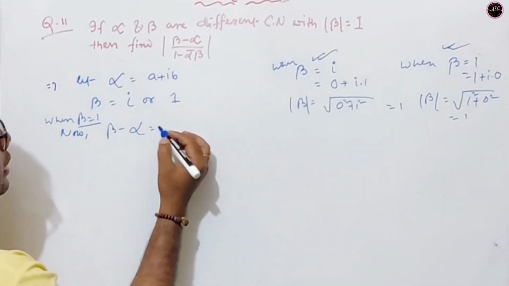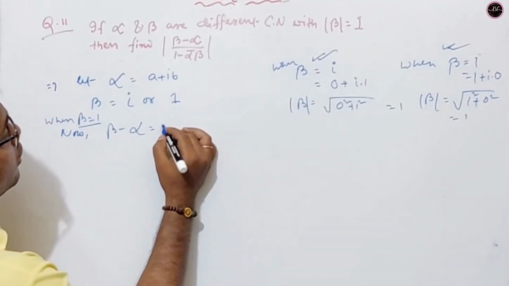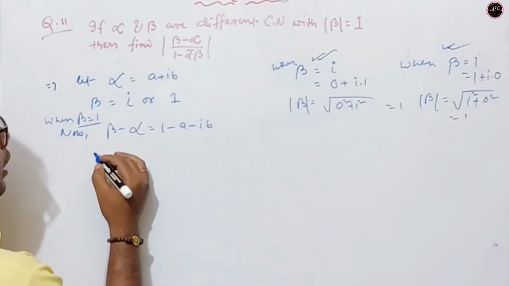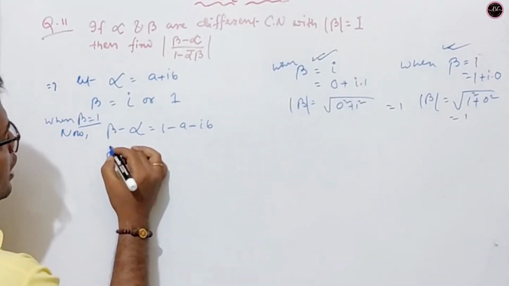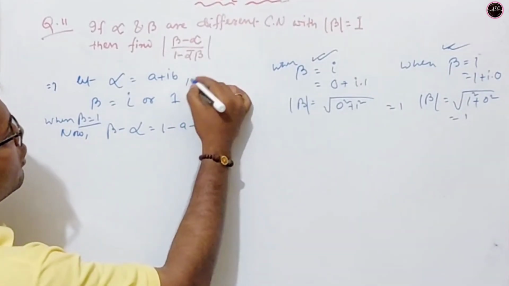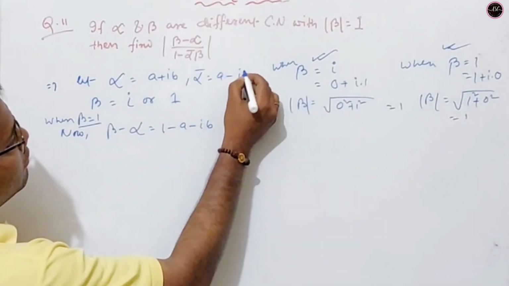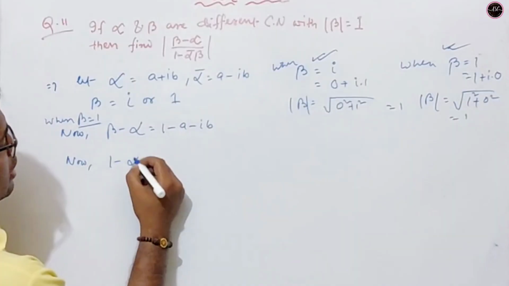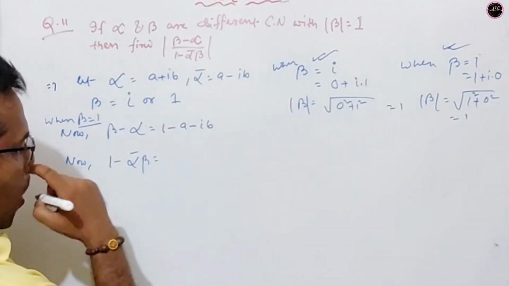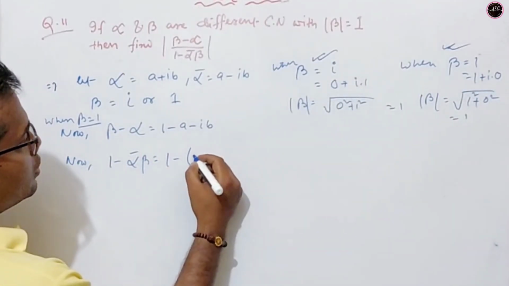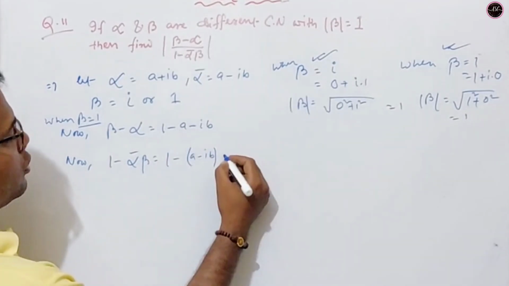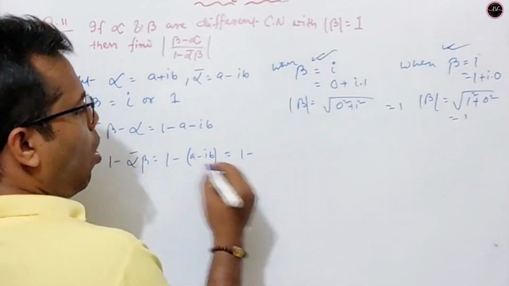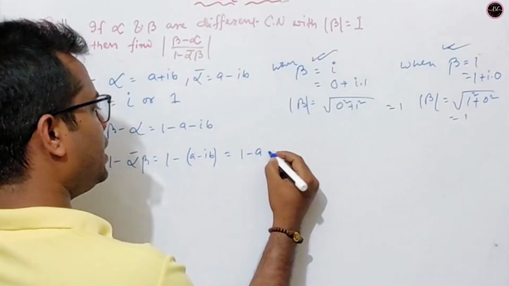Beta minus alpha equal to 1 minus a minus ib. And the conjugate of alpha equal to a minus ib. Now 1 minus alpha dash beta equal to 1 minus (a minus ib) beta, with beta equal to 1, so this will be 1 minus a plus ib.